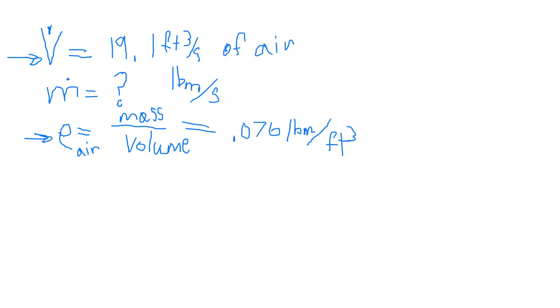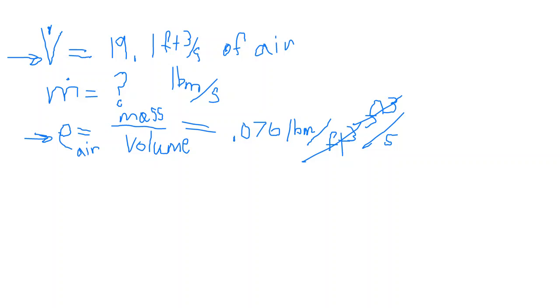No. Multiply them. So if I multiplied lbm per feet cubed times feet cubed per second, that cancels, then I got lbm per second. Bam. Sounds good to me. Everybody agree?